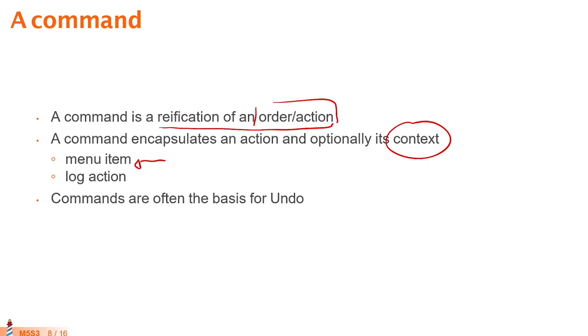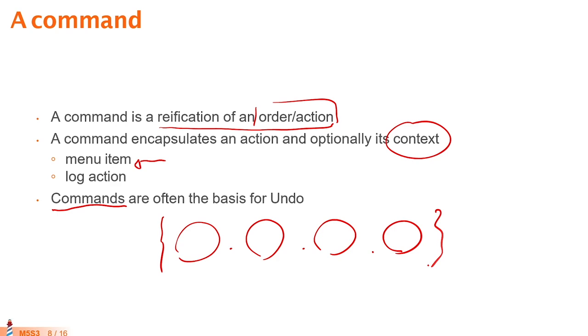And commands are really useful when we want to have undo operations, because as we are going to create a list of objects with each of our actions, we can keep this list and basically reverse the order and execute.